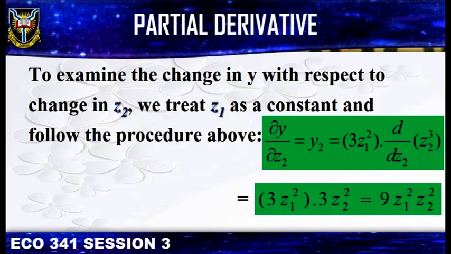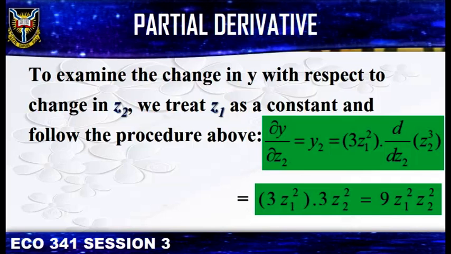Partial y over partial z2 equals y2 equals (3z1 squared) d over dz2 (z2 cubed) equals (3z1 squared) times 3z2 squared equals 9z1 squared z2 squared.